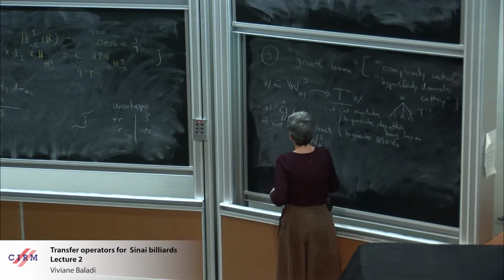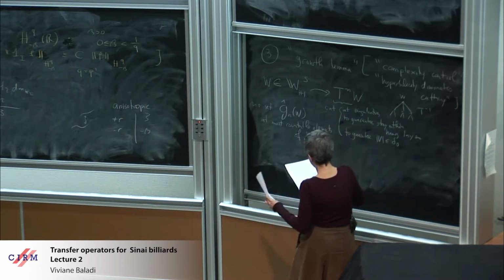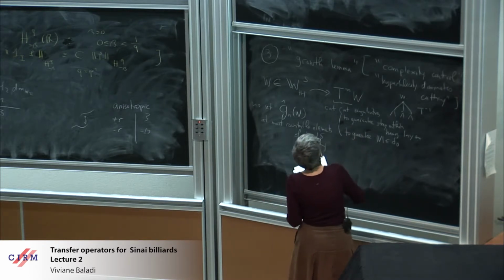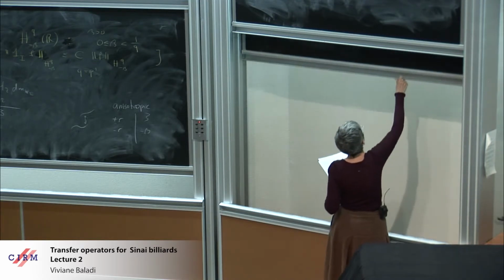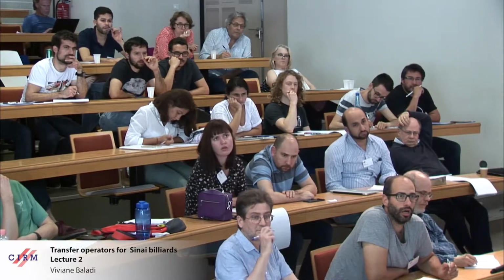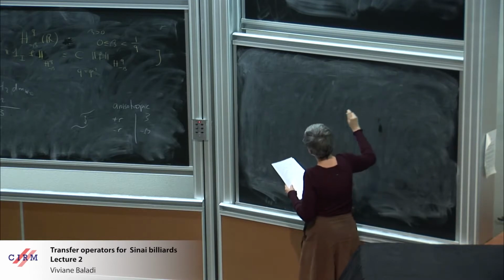And the problem is that you're going to have to sum over this set. So you need to control sums over this set. And these sums, when you talk about the SRB transfer operator, fortunately, they will involve the stable Jacobian.